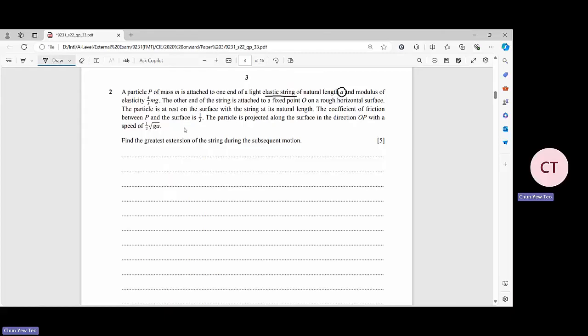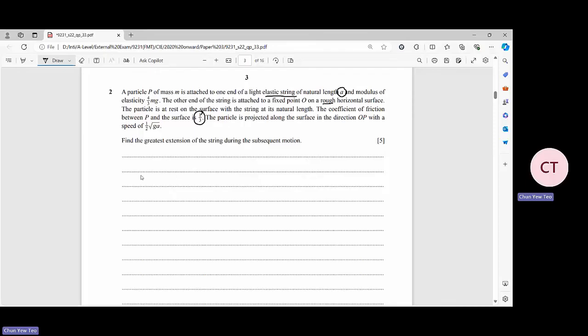The other end of the string is attached to a fixed point O on a rough horizontal surface. The particle is at rest on the surface with the string at its natural length. The coefficient of friction between P and the surface is 1/3. The particle is projected along the surface in the direction of OP with speed half square root ga. Find the greatest extension of the string during the subsequent motion.